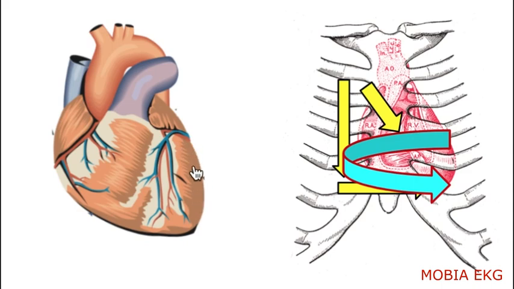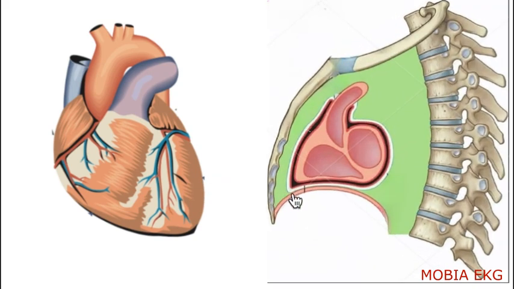The left ventricle can make part of the left border of the heart, but usually makes up the majority of the inferior surface of the heart. As you see in this picture, the left atrium makes up the posterior wall of the heart.